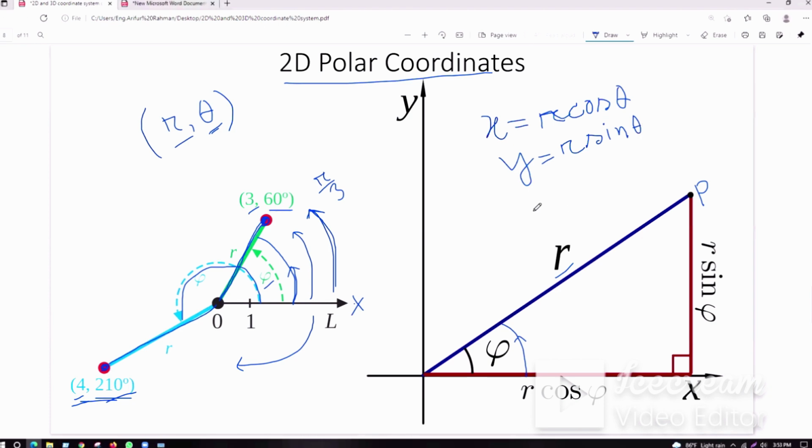That's the relation between the Cartesian coordinates and the polar ones. Clearly, you can convert any Cartesian coordinates to polar coordinates, and the reverse, you can convert any polar coordinates to Cartesian ones, using these relations.